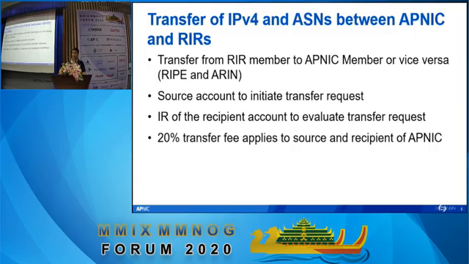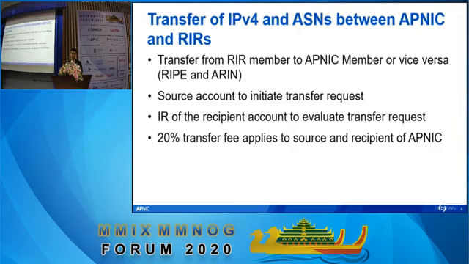RIPE is the regional internet registry for the European region, and ARIN is the internet registry for the North American region. But for this transfer request, there will be a 20% transfer fee applied to either the source or recipient account of the APNIC member. So if you are transferring out, you get a 20% transfer fee charge.